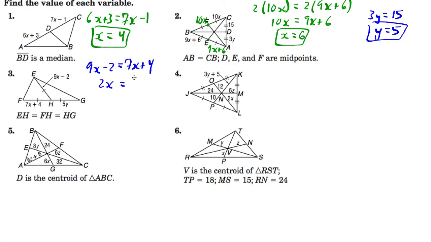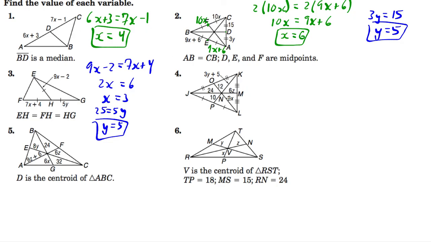So 2x is equal to 6. So x is equal to 3. Well, if x is equal to 3, this side right here is 21 plus 4. So that's 25 is equal to 5y. So y is equal to 5.